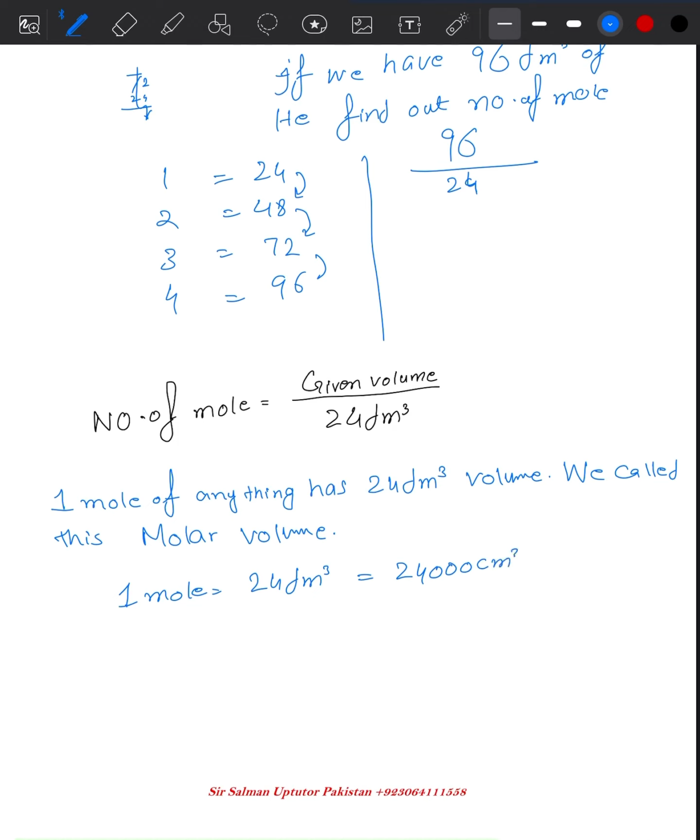If the volume is given in centimeter cube and you want to convert into decimeter cube, you divide by 1000. And if you convert from decimeter cube to centimeter cube, you multiply by 1000. So this is how you will find the number of moles if the volume is given.